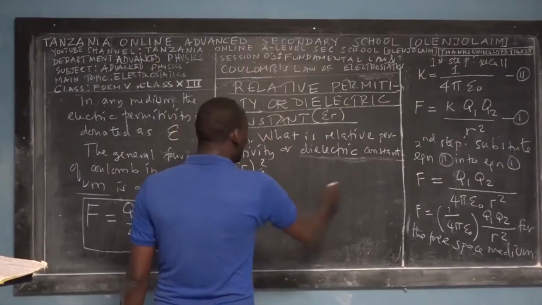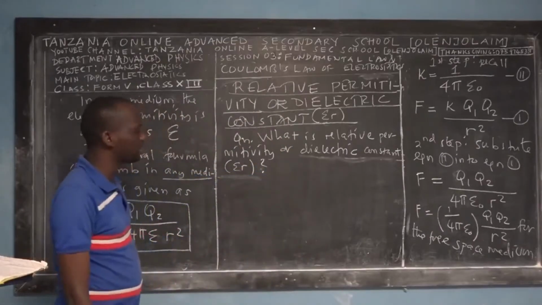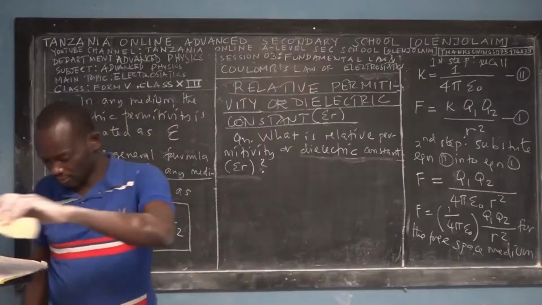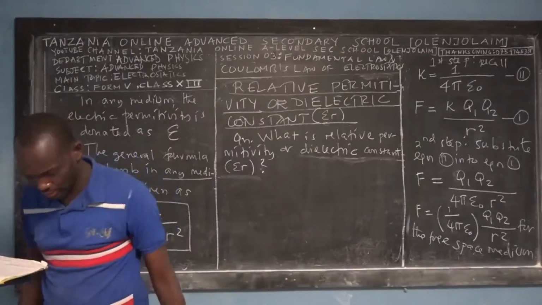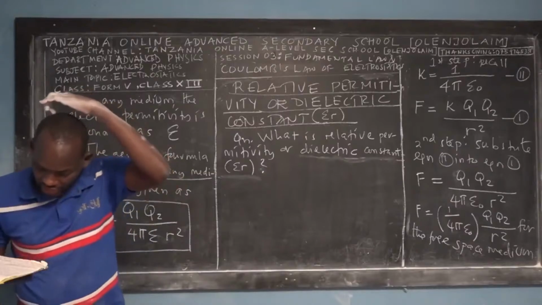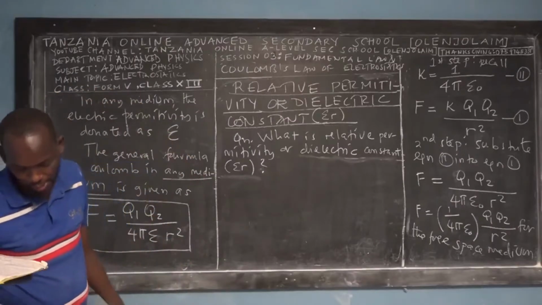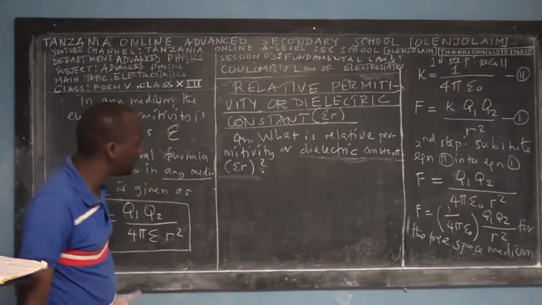Okay. So what is relative permittivity or the electric constant? Well, we have a definition. Relative means a ratio. Simply, it's the ratio of the permittivity of the given medium to the permittivity of the vacuum, the free space.